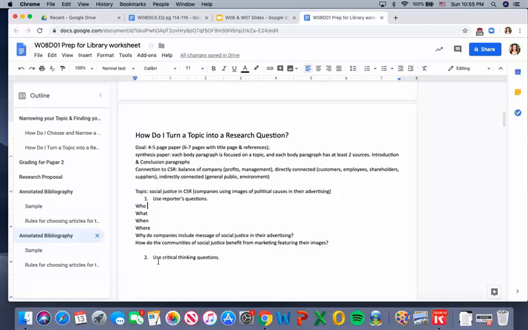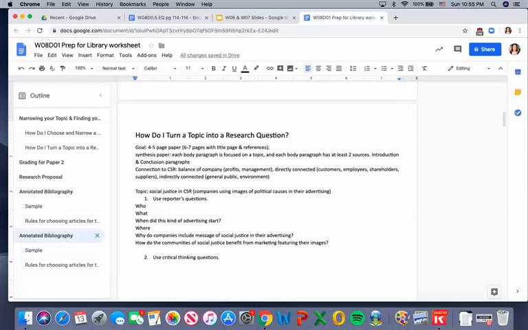So who, what, when, where. I might try, when did this kind of advertising start? Because I don't think that it's been around forever. Usually companies are just showing their image, their product, and they're not trying to make a political stance.